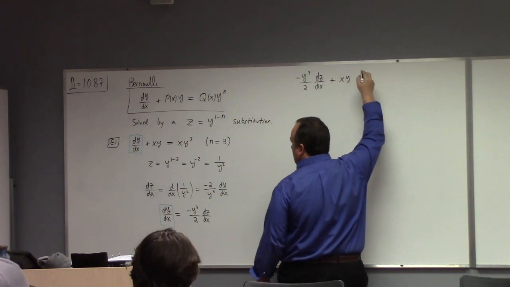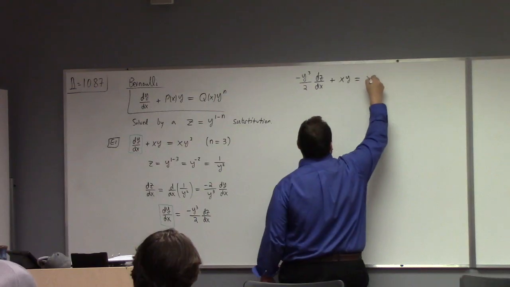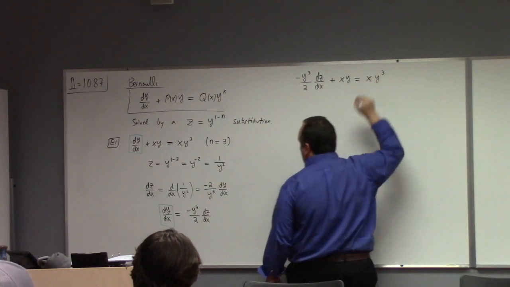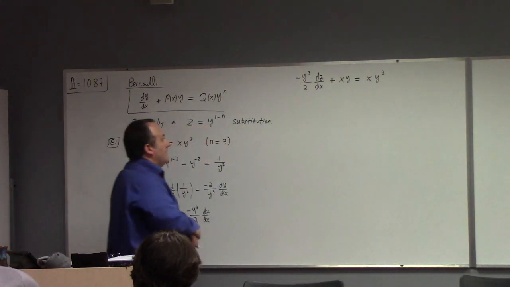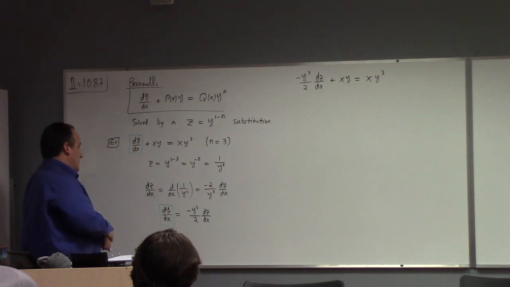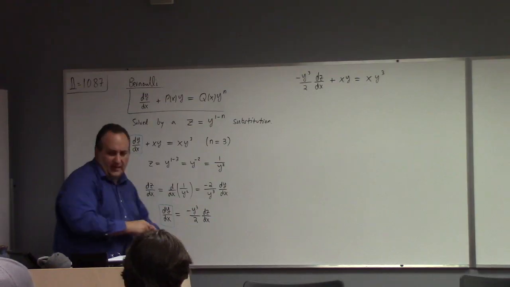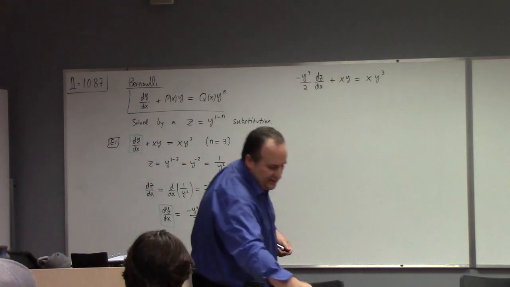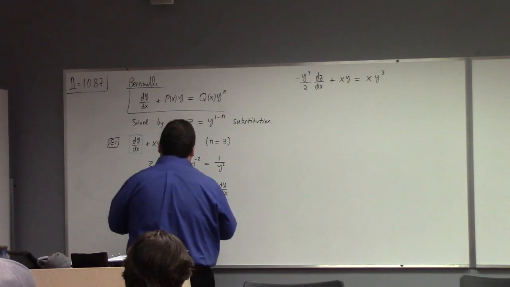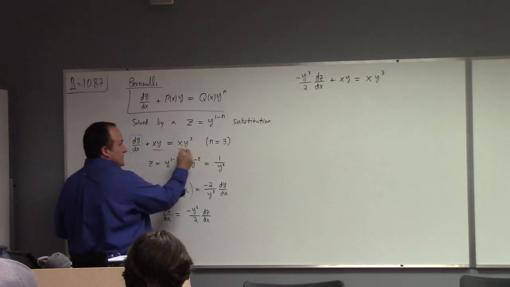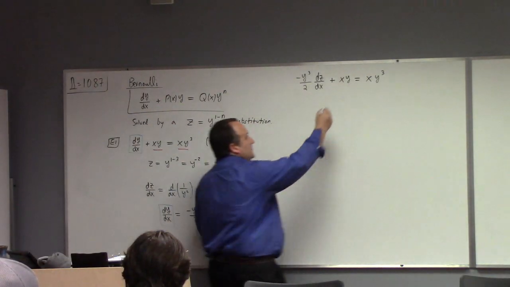There's a way around that. xy equals xy cubed. All right, so I haven't really made the substitution. I've only made the substitution at the derivative at the moment, right? I didn't do anything with these yet. See that? I just left them.